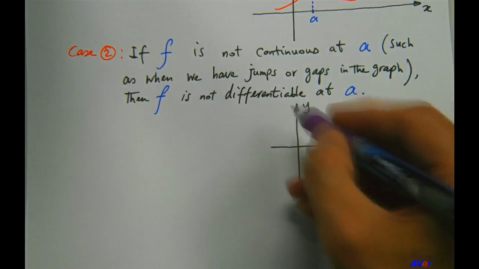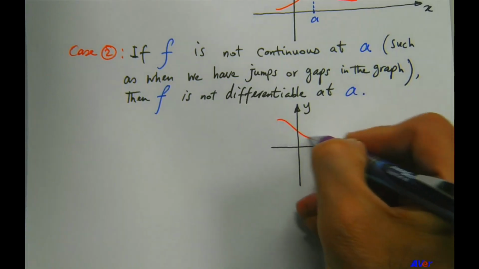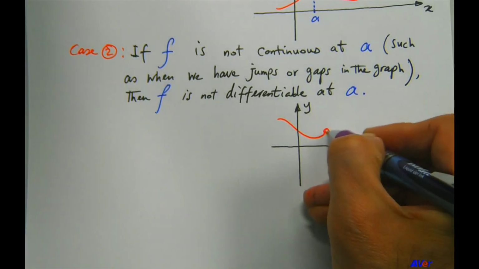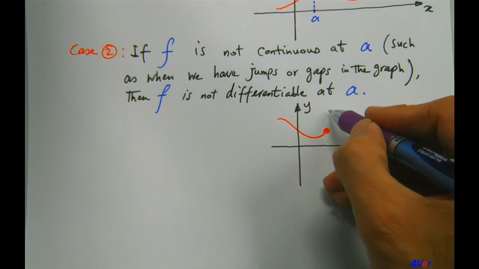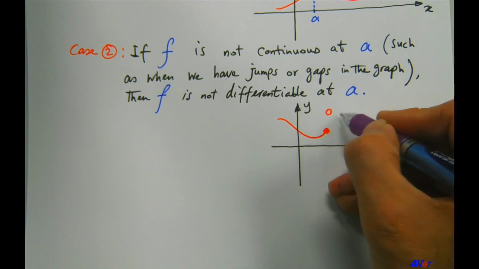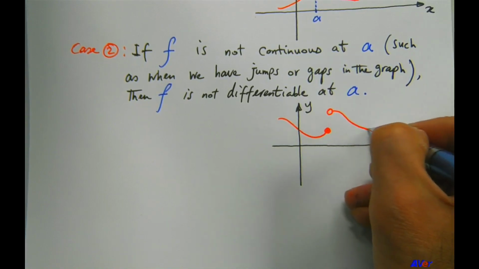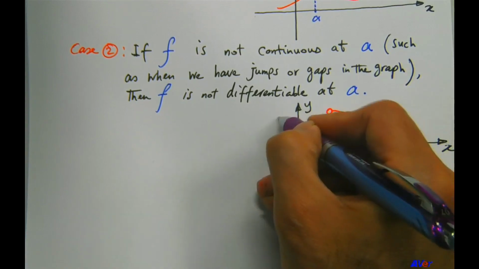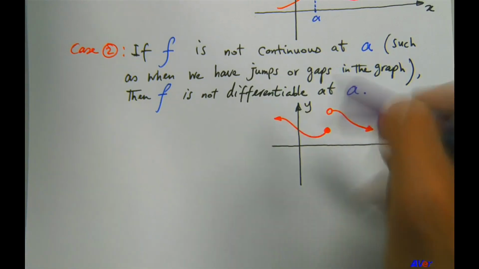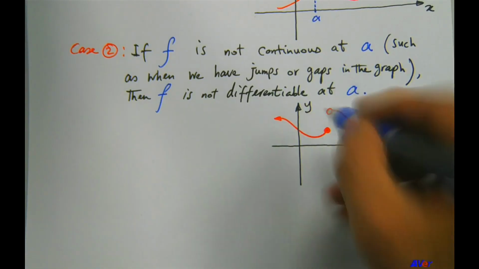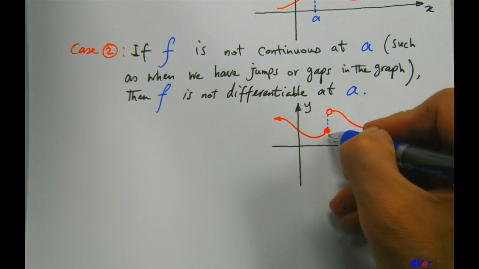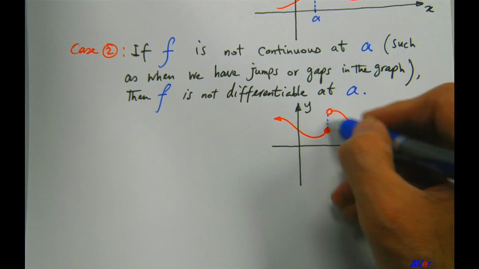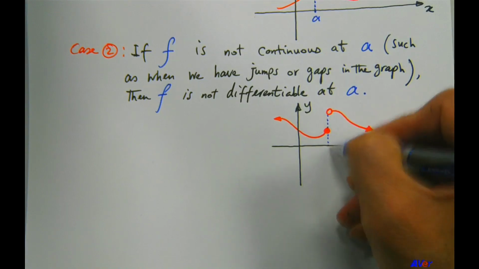So if we have something like this, like that, like that. So clearly at this point we have a jump and a gap, right, at that point.